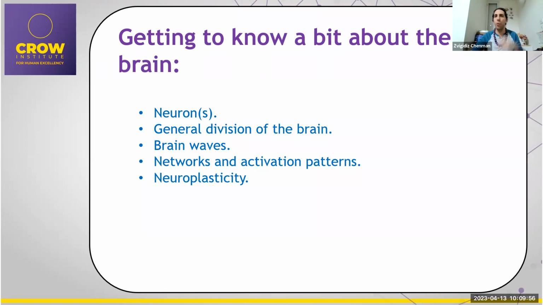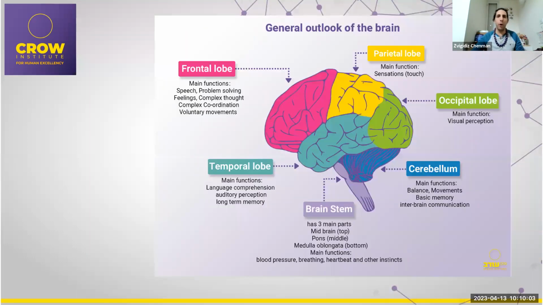Now, when we talk about the brain, there's a general division that we take. It's very rough because the brain is broken down into many more areas in several types. There are 10-20 and 20-20 types of divisions. There's something called Brodmann areas. There's Broca's area, Wernicke's area. I can talk about lots of areas in the brain.